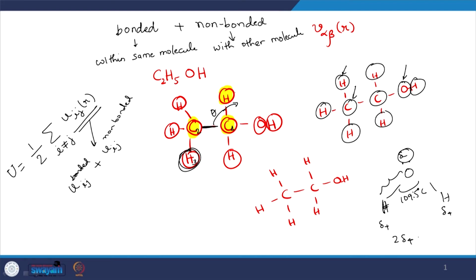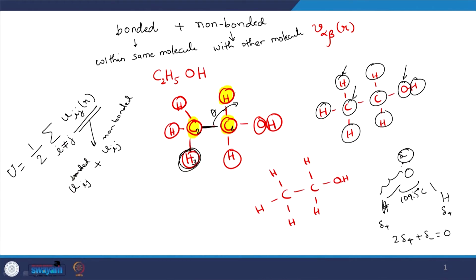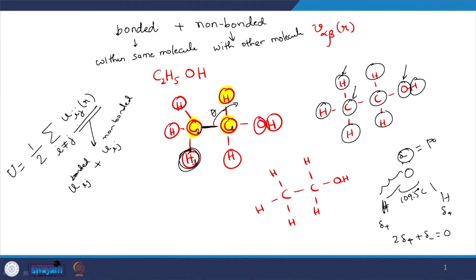Clearly, the net sum of that is equal to 0. That's what is necessary for the water to be electroneutral. But if I look at the interaction of this oxygen with some other oxygen in some other water molecule, that oxygen will see this delta minus charge, and this is what we refer to as the partial charge.